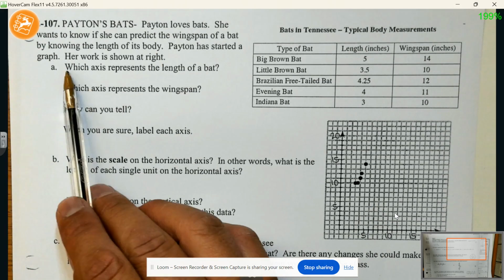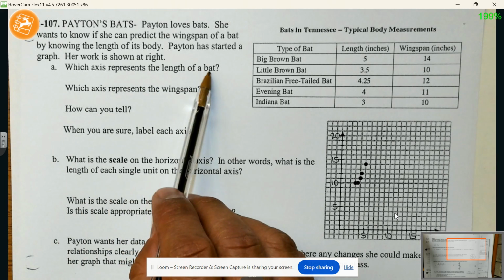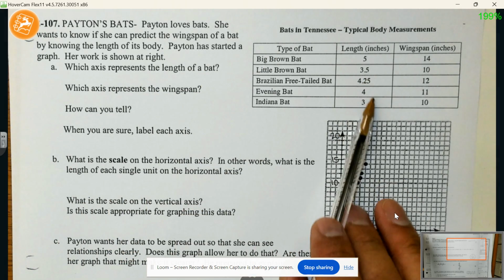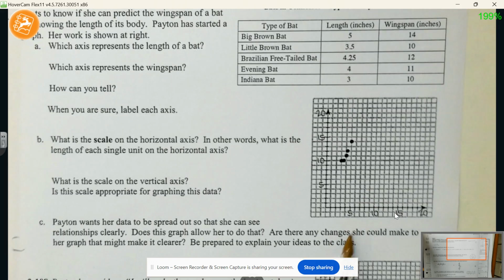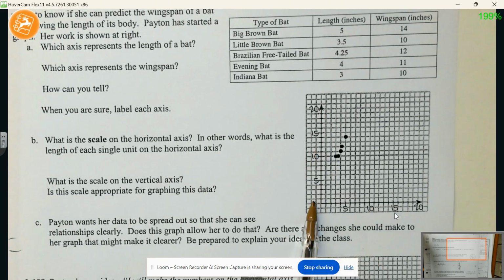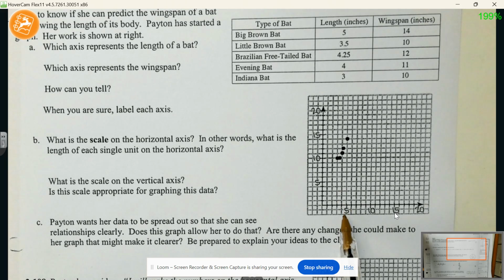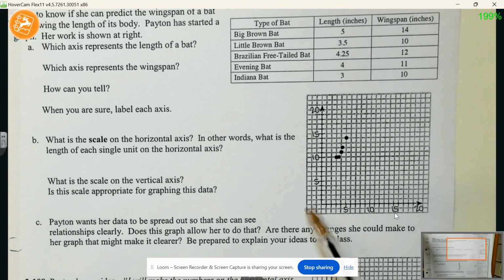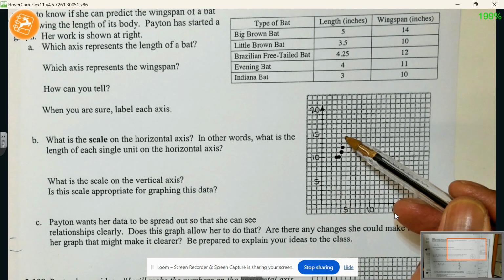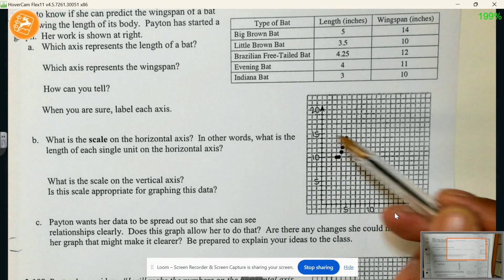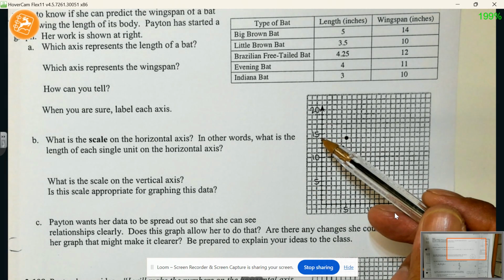So the first question is asking which axis represents the length of the bat. Now these are the lengths of the bat, and which axis, the x or the y, represents those. So looking at the x-axis, the largest value is 5. But the y-axis has the highest value, about 14.